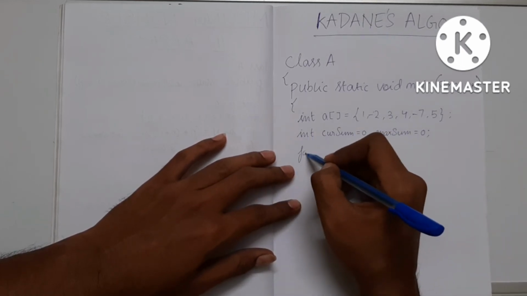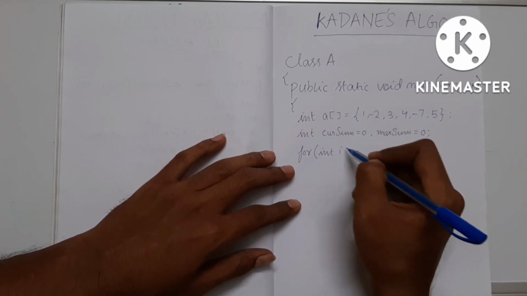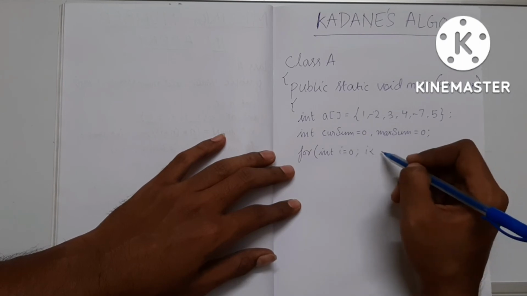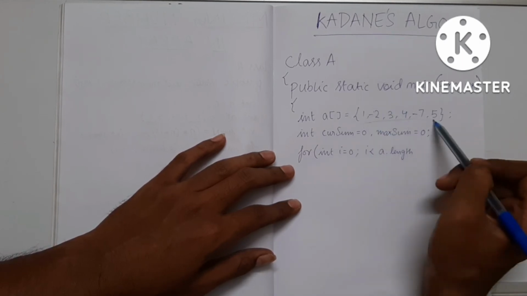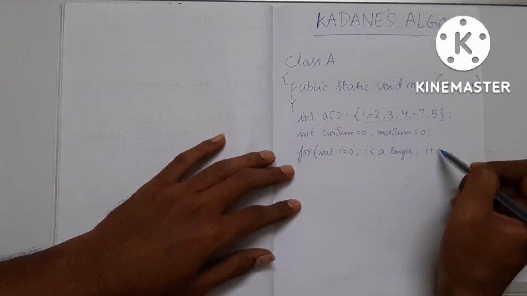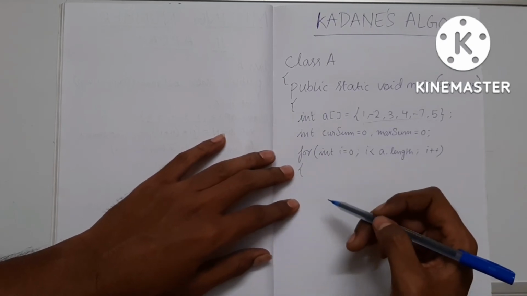Now we will use a loop to traverse. So we have int i equal to 0. From the 0th index we are starting, and i less than a.length. a.length will give the length of the array, and then we have i++. So using this for loop, we are going to traverse the array.